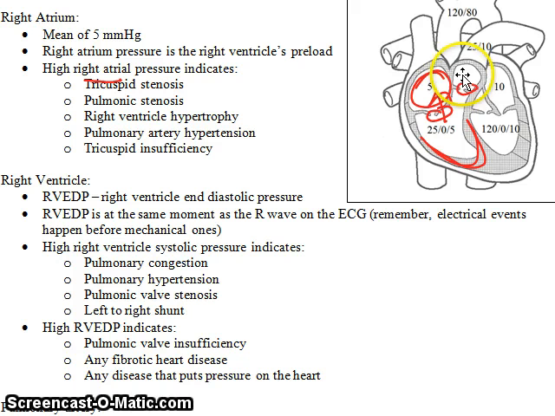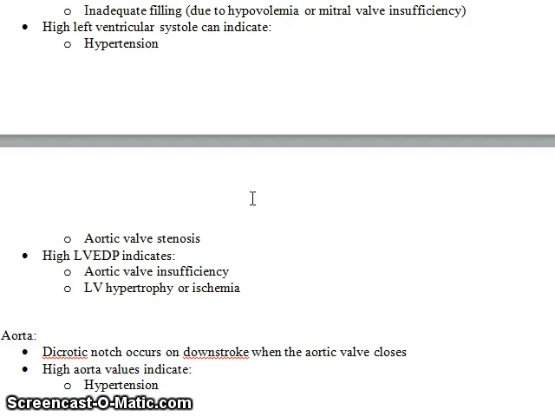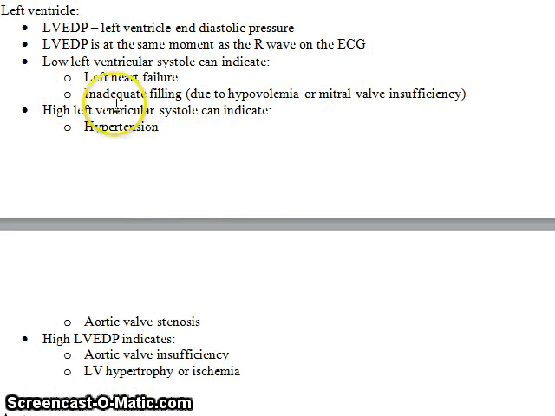And again, we actually measured the left atrium via the right side of the heart as well. The only one of these that I have listed so far, the left ventricle, is done on the left side of the heart, so an arterial stick is needed.